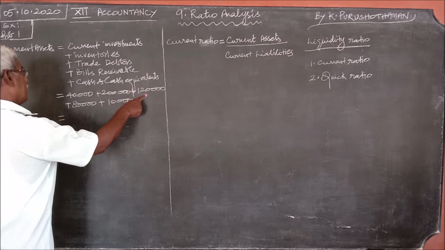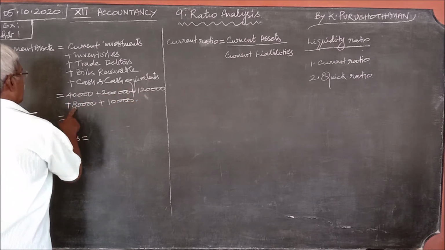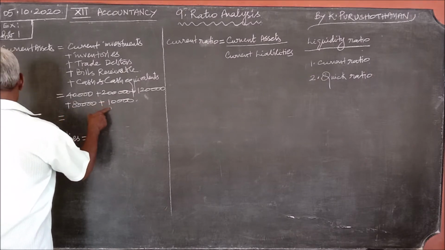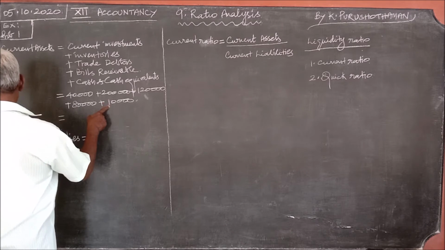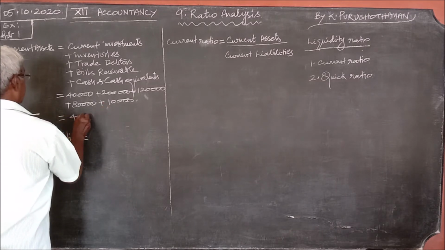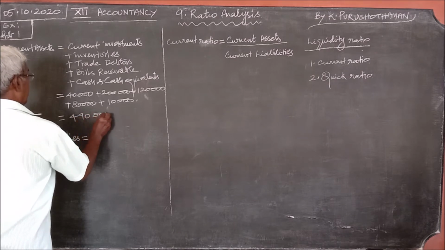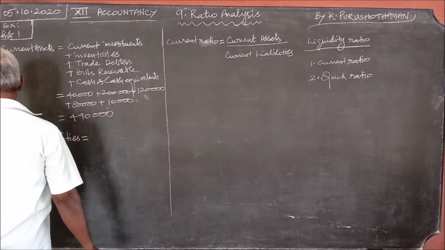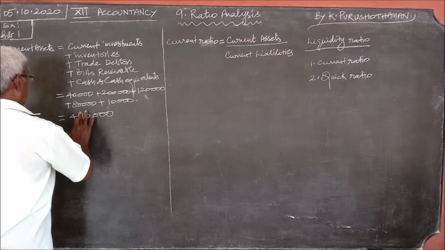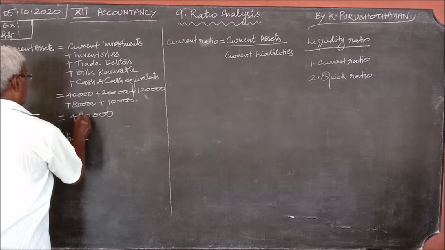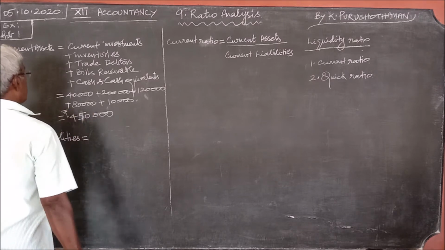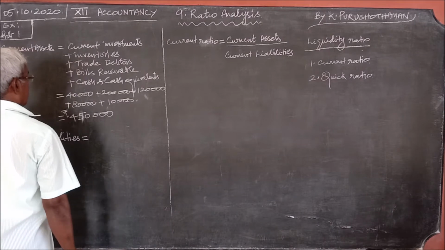240, 360, then 440 and plus 10,000, 490 it comes, I think. We shall check the total once again. 450, 4,50,000. This is the amount of current assets.